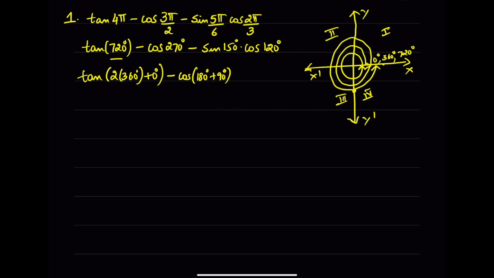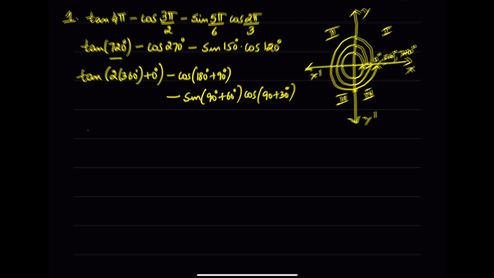Correct? And I will continue it in the next line. So sine of 150 is somewhere here in the second quadrant. So sine of 150 can be written as 90 plus 60 degrees. And cos of 120 can be written as 90 plus 30 degrees.